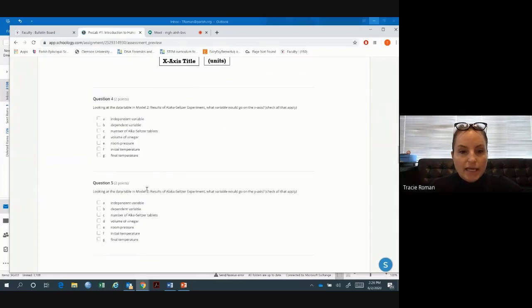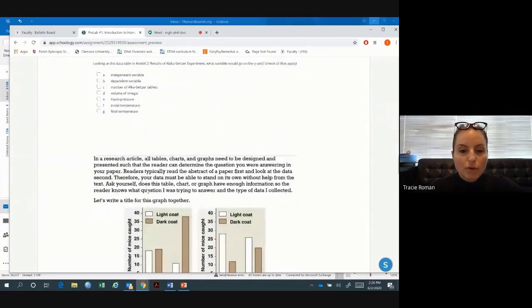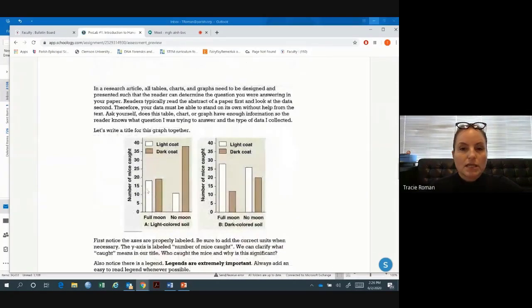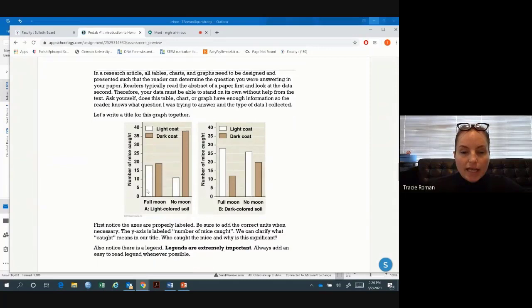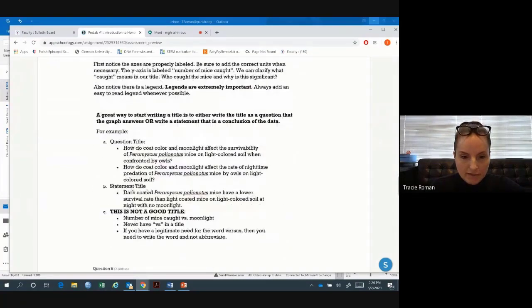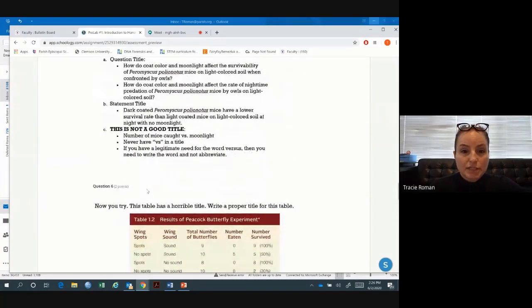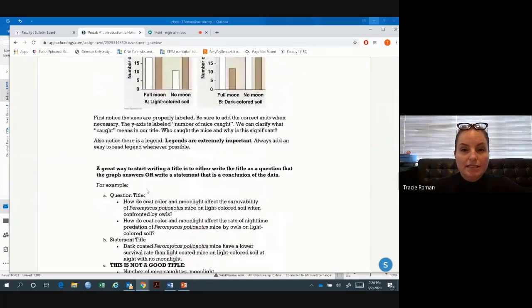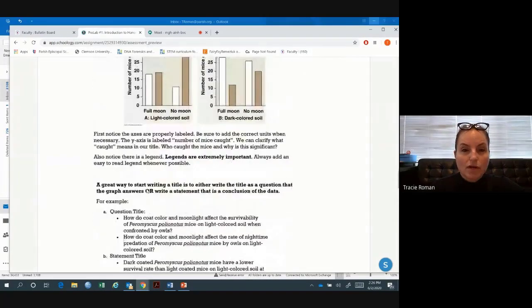And then I have some more questions about general experimental design. And here is another description of how to write a title for a graph.